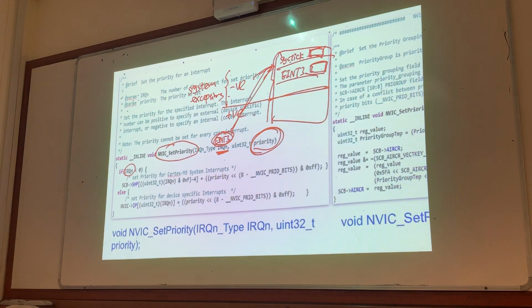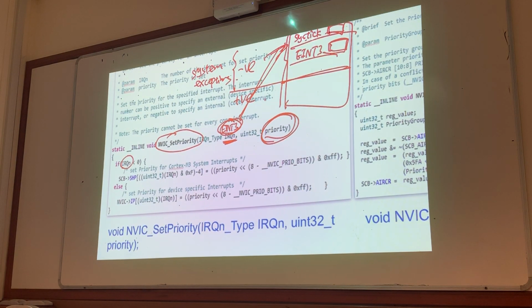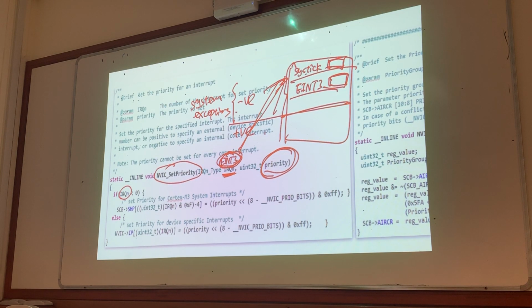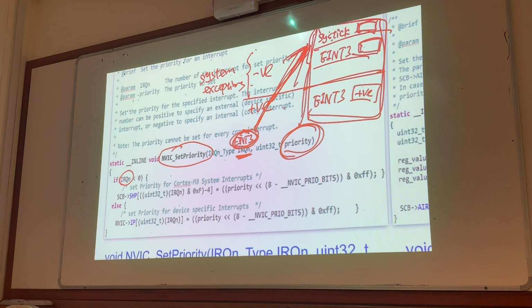That's why in your program, when you write EINT3, because it is external, in the library based on this table, EINT3 is referring to a positive value. That's why in the code you go to the else condition and change your IPR register. But if we are doing, let's say, SysTick, SysTick in this table is referring to a negative value because it's a system exception.